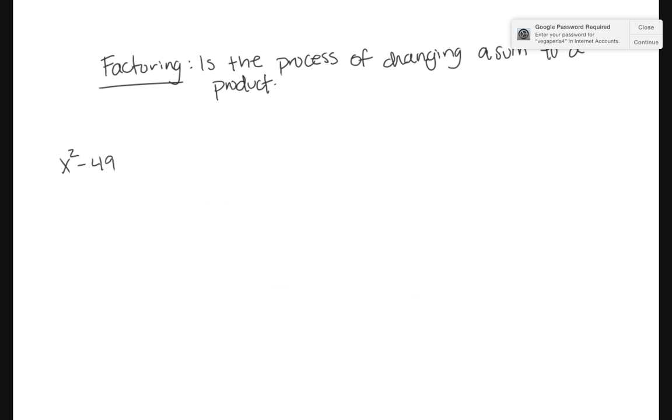So we're still trying to change this sum into a product. It is called a sum, even though it's subtracting. Positive times a negative is a negative. So this expression is not written in standard form, which is the very first thing we need before we even start to put it into the generic rectangle.